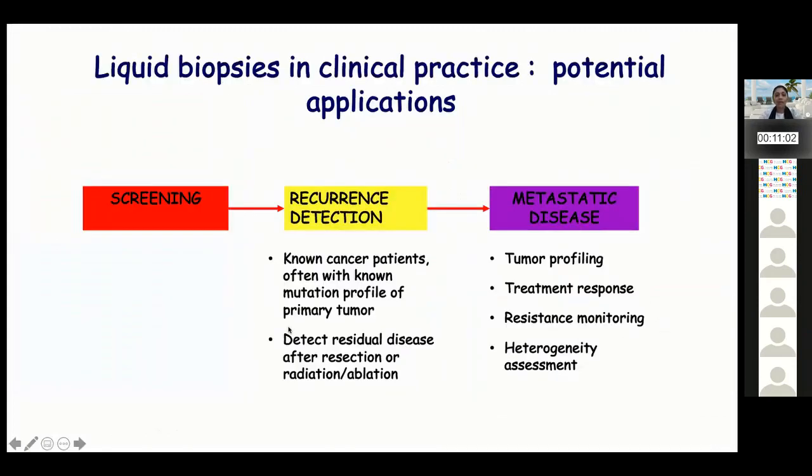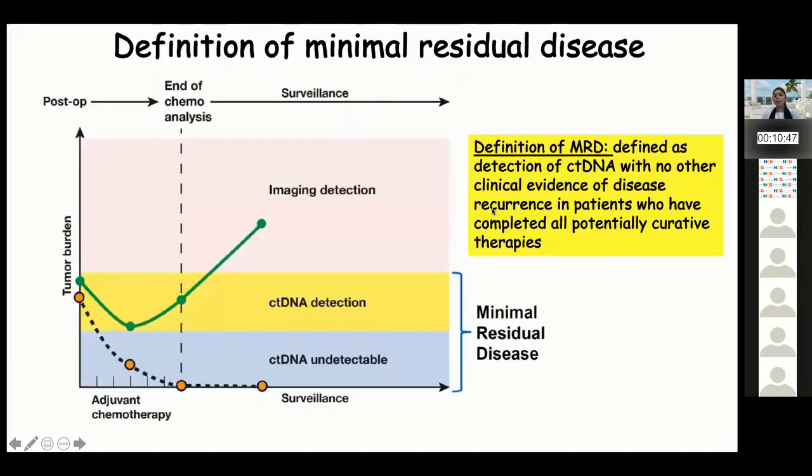Now, what about in that cohort of patients where you've actually treated them in the early stage setting, and you want to be able to detect early recurrence and perhaps escalate or de-escalate adjuvant therapy? So really the whole concept of minimal residual disease has come from the detection of ctDNA to be able to determine both prognostically whether a patient is going to do well as to try and predict if patients need additional chemotherapy.